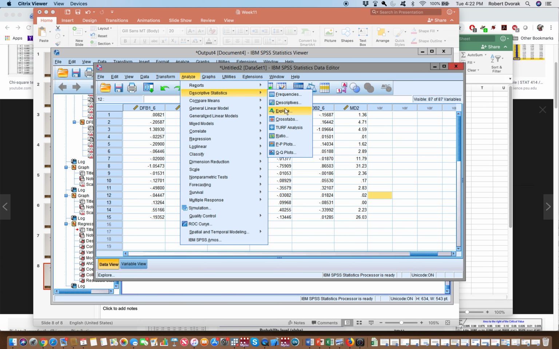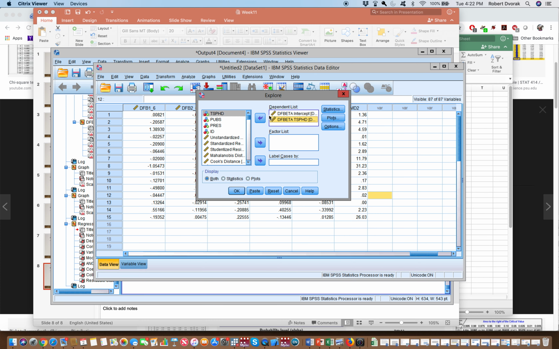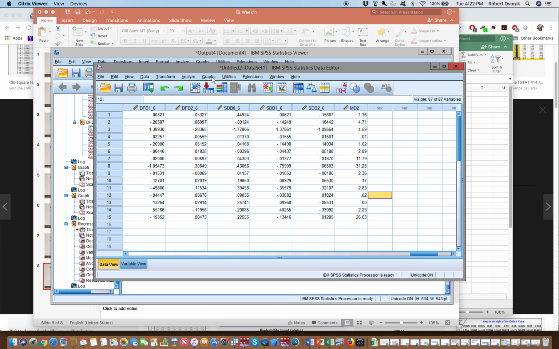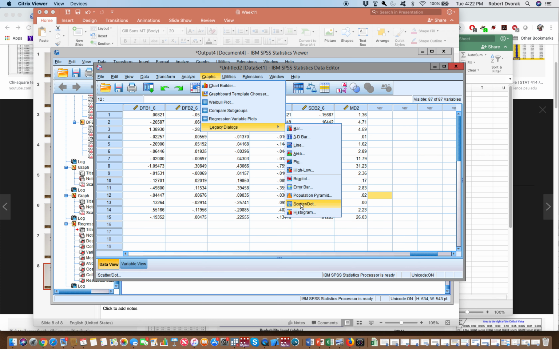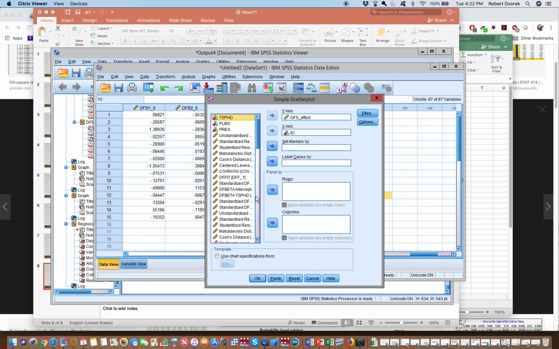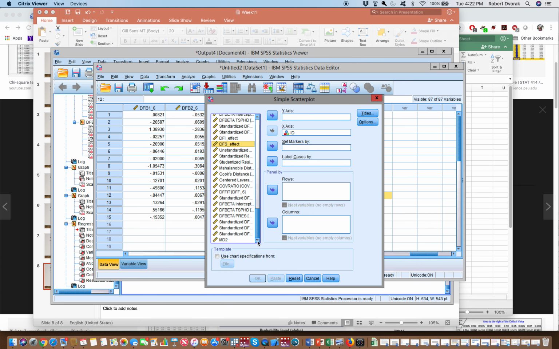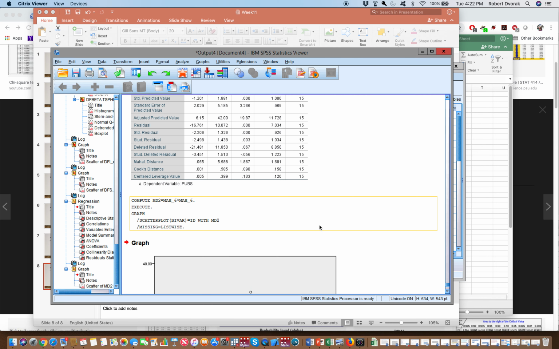Oh, we don't even need to do Analyze, Descriptives, Explore. Let's just graph this for a second. Let's go Legacy Dialogs, Scatter. We're going to leave ID in there, and this time we're going to look at the distribution of our chi-squared by participant.